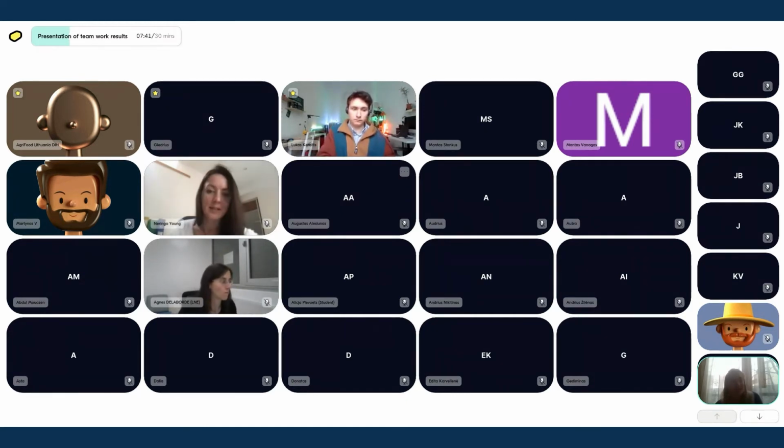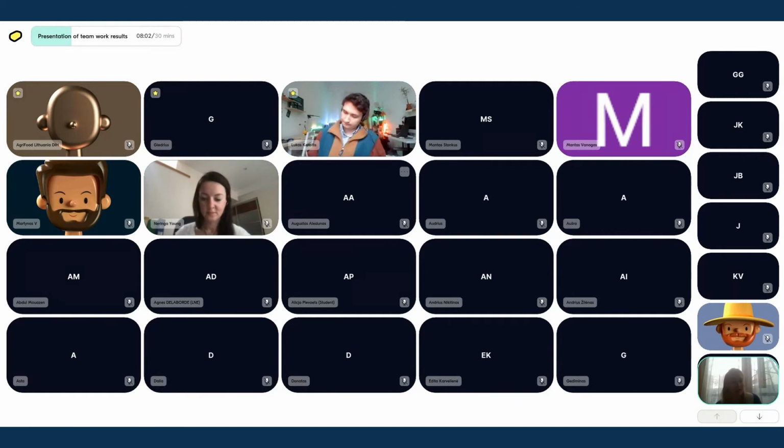The discussion was more about the Lithuanian side, so I think it's quite interesting to share. We looked at robotics in agriculture: the Netherlands are leading in Europe, and the first place goes to the United States of America.